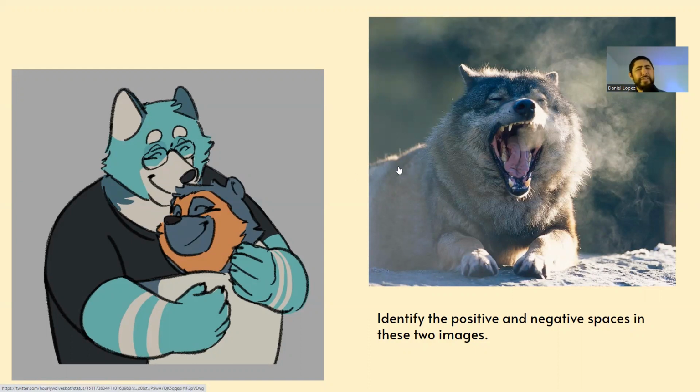And so I want you to challenge yourself here and think about what the positive and negative spaces are here. I do want to say that in this case, it can be a little bit more subjective. You can also maybe argue that there is no negative space, but that depends on how you're feeling. For me personally, even though there's all this fog going on, I'd say this behind here, or this around the wolf, is probably the negative space because that's not what we're focused on necessarily.